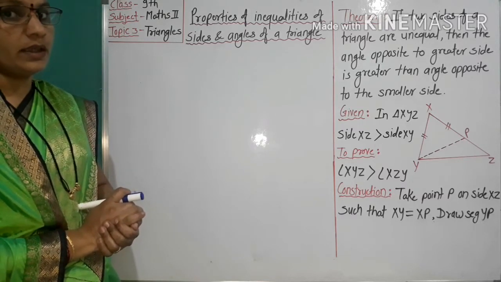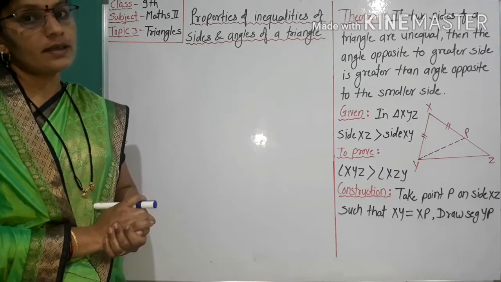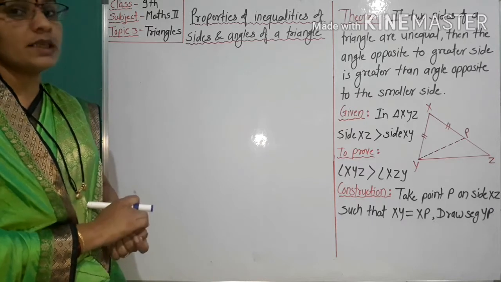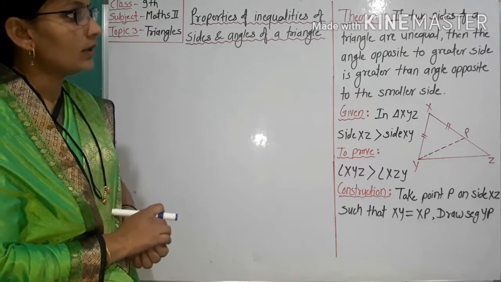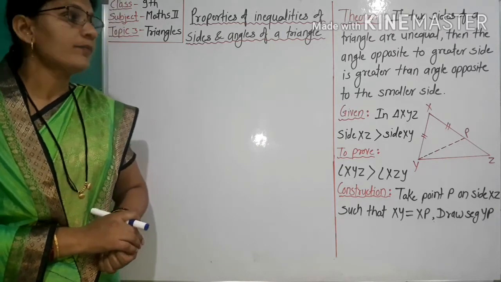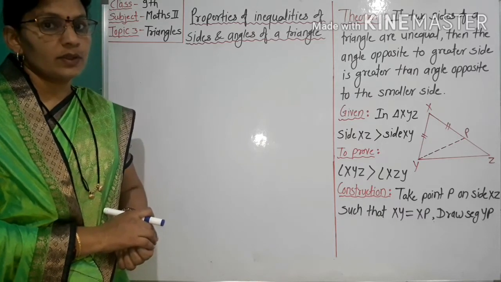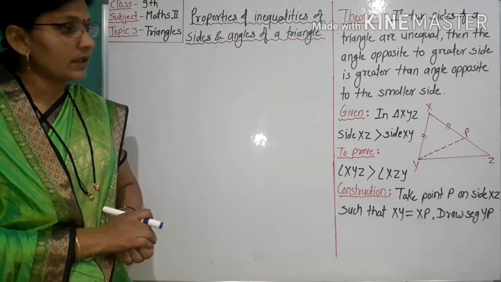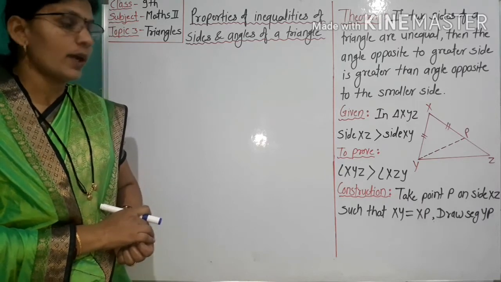There is a property, the property of inequalities of sides and angles of a triangle. The property is a theorem. That theorem is, if two sides of a triangle are unequal, then the angle opposite to the greater side is greater than the angle opposite to the smaller side. So, in this triangle XYZ, the side XZ is greater than side XY.